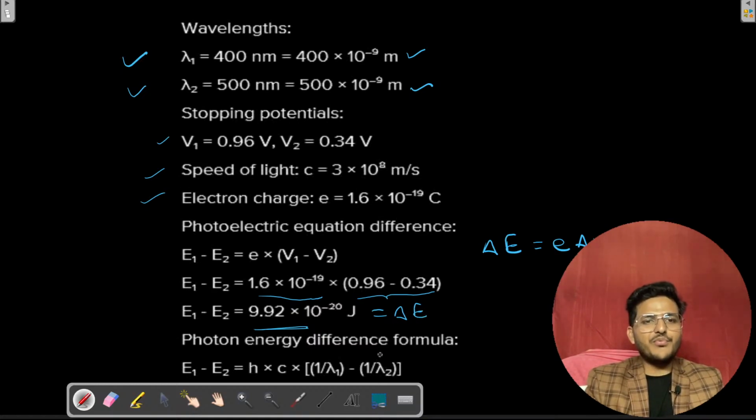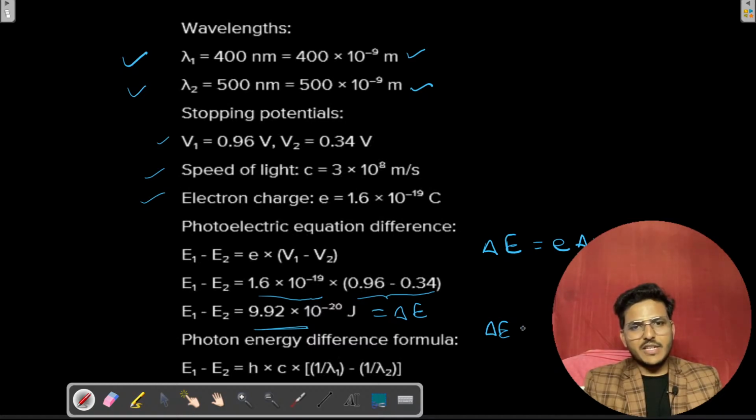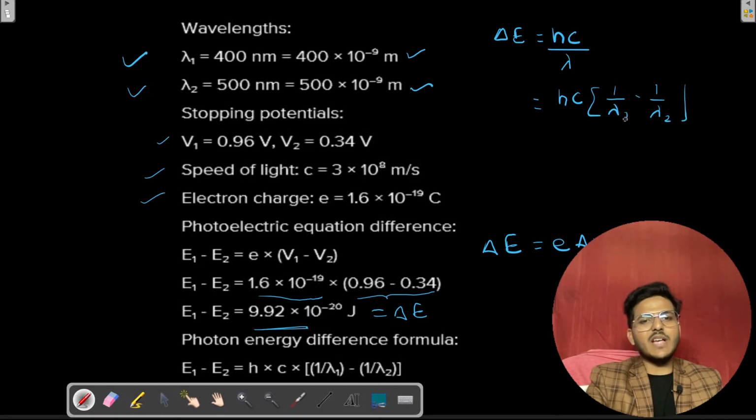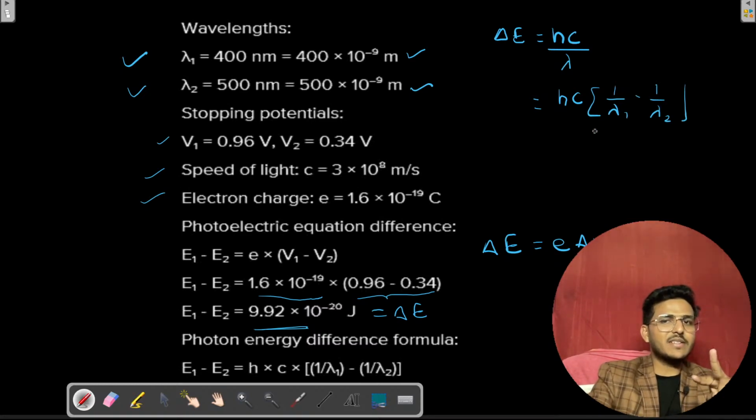Now, come to the photon energy difference formula. That is basically del E, which equals hc by lambda. But what we calculate is hc times 1 upon lambda 1 minus 1 upon lambda 2, because I have two values of lambda, right?